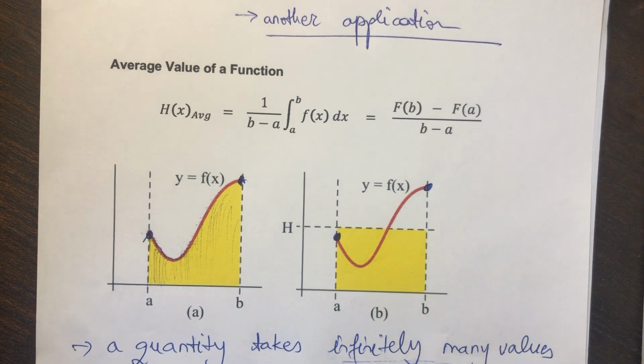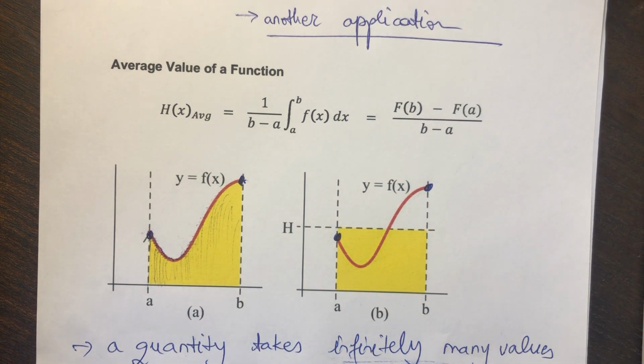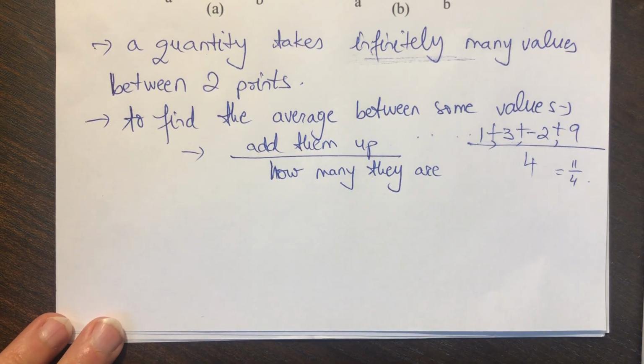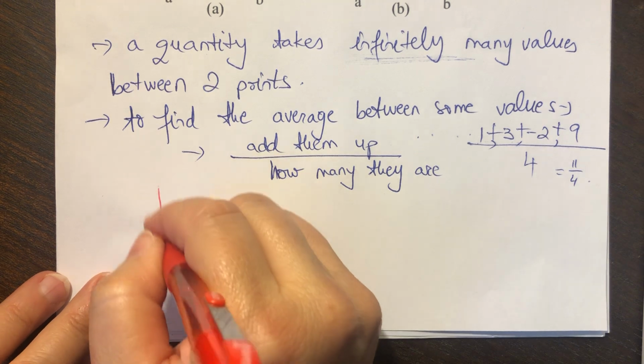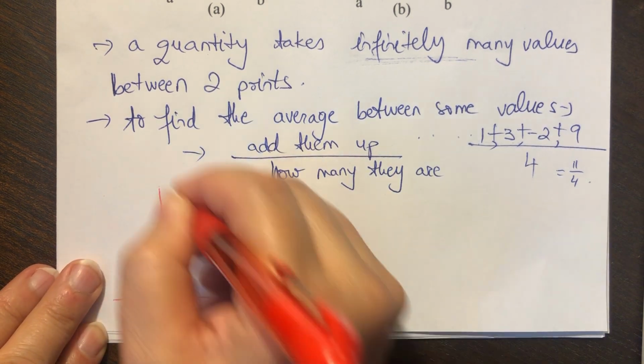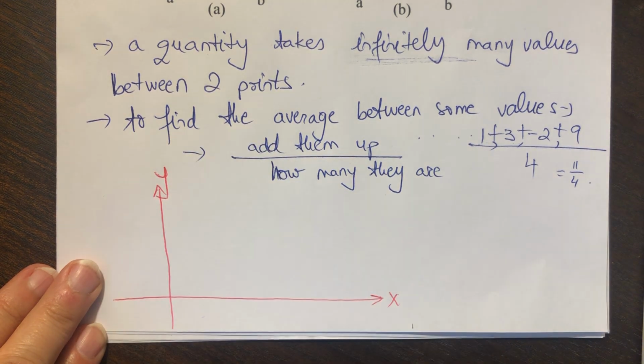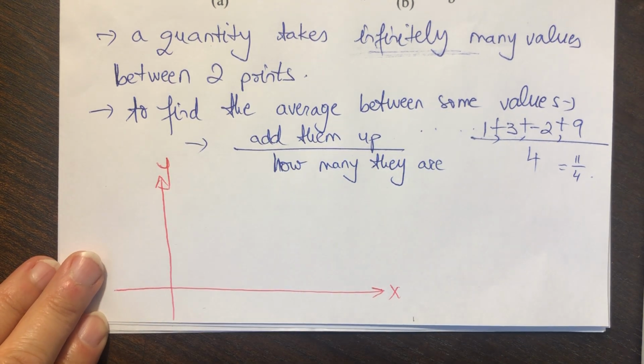Now, to figure out the formulas right here, the ideas right here, I'm going to take you back to something that we would know. So let's say that you have a function that is constant. What do I mean by a function that is constant?